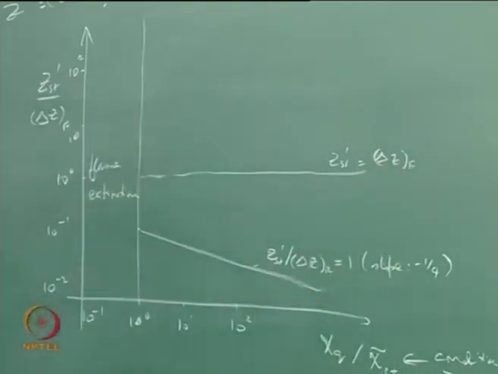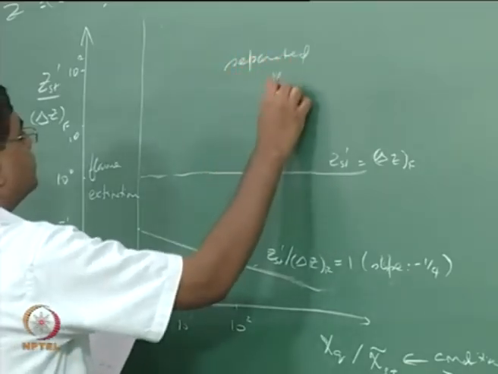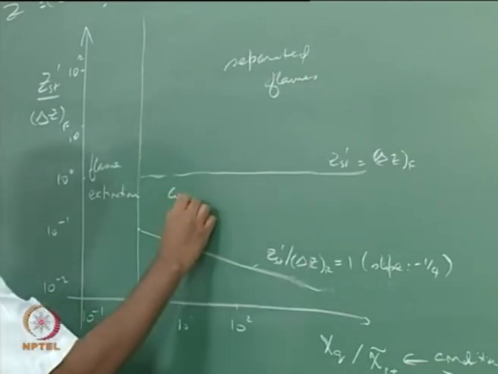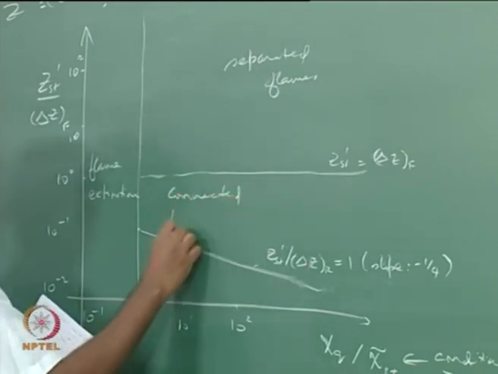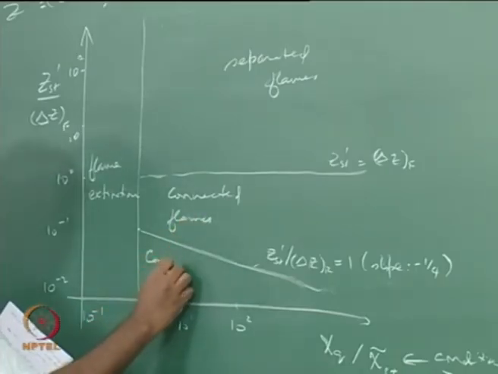That now breaks up things into 4 parts. One is the flame extinction region, then we have what's called separated flames, connected flames, and connected reaction zones.